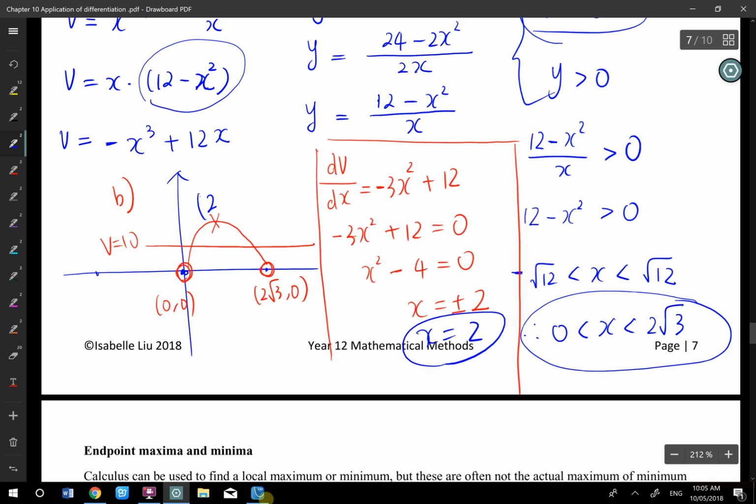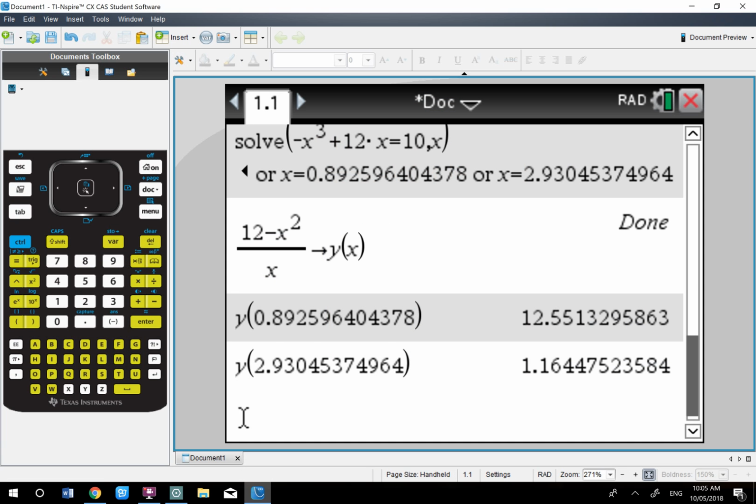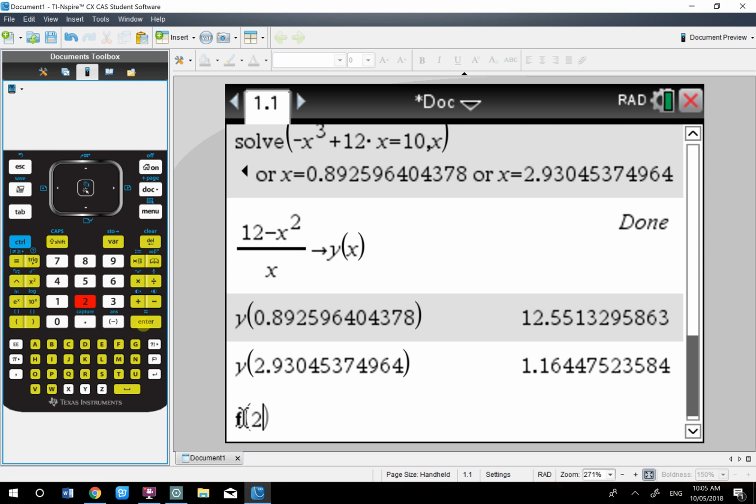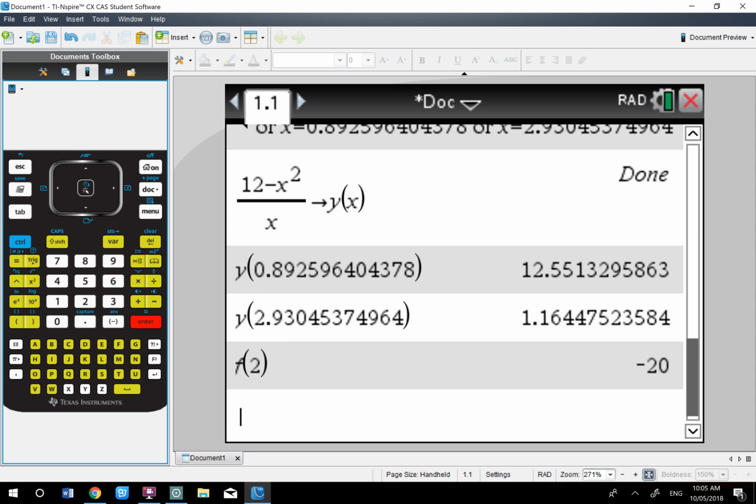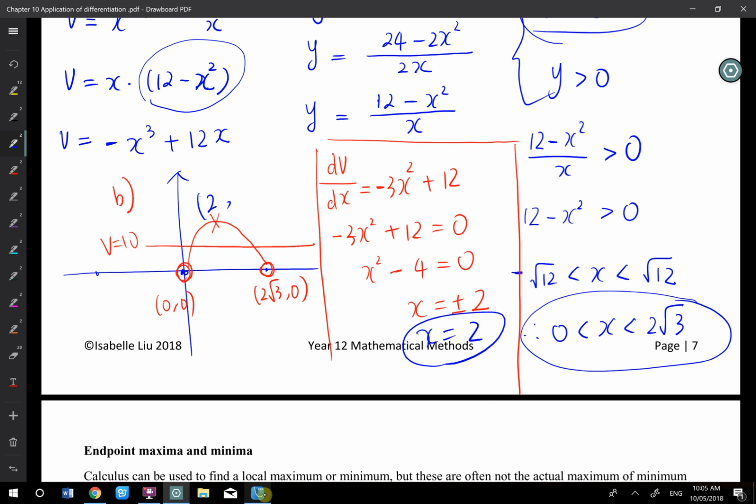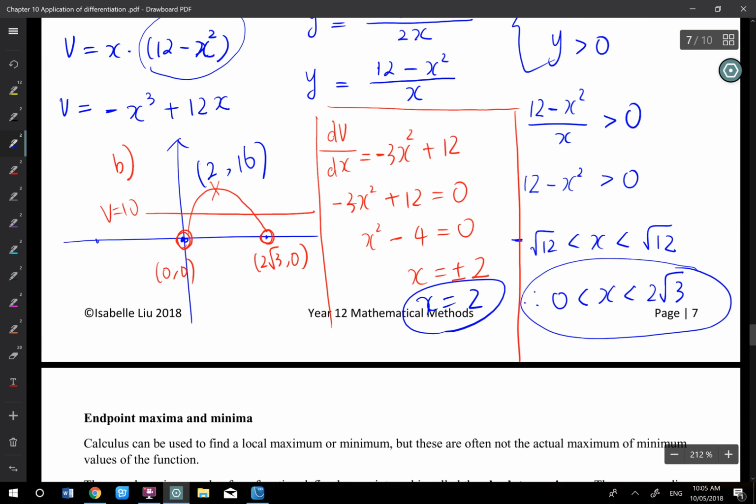So this coordinate is 2, comma, okay, I think it's f of 2. No, f is not that. I need to sub by myself. I sub 2 in, negative 8 plus 24 is 16. Okay, 16 is the maximum volume here.